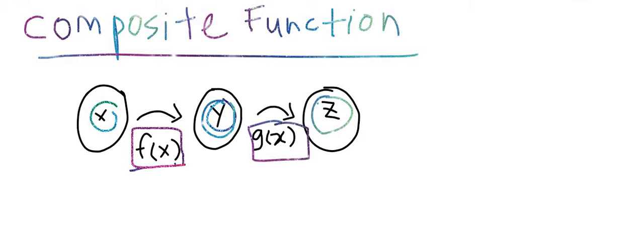So this is a continuous function, made up of two different functions. Hence, the entire function here will be known as the composite function. So we are going to learn how to find the composite function of two functions today.